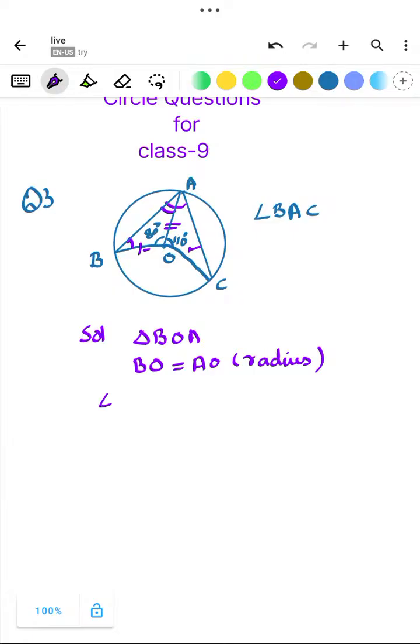That is angle OBA will be equal to angle OAB, right?